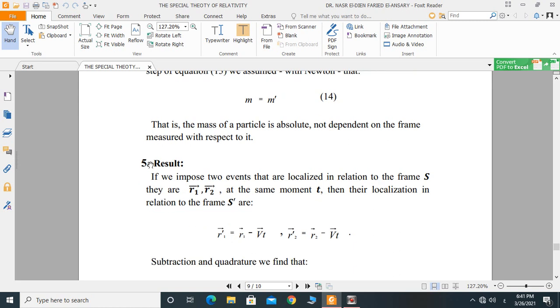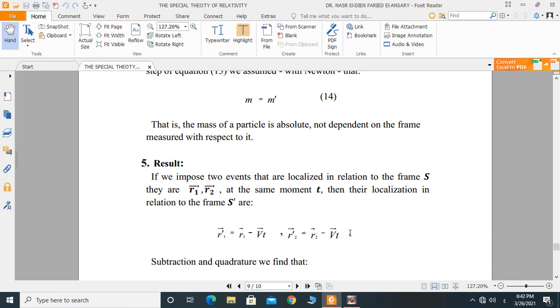And now we discuss this result. If we take two events that are localized in relation to the frame S by r1 and r2 at the same time, then their locations in relation to the frame S dash are r1 dash equals r1 minus vt, and r2 dash equals r2 minus vt.